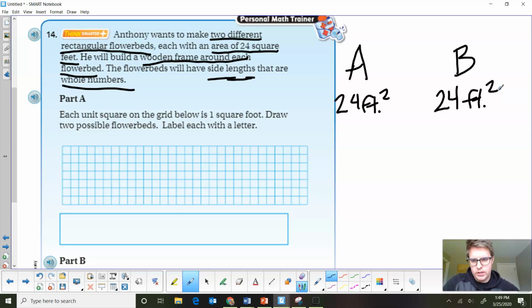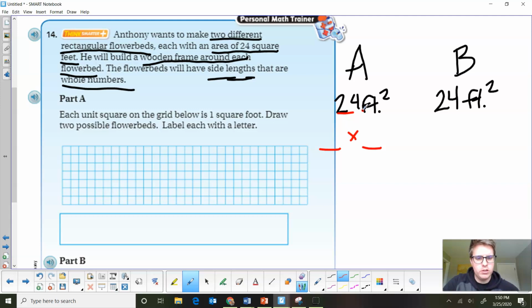We just know one thing, all right? That's the area. We don't know what the side lengths are, but we do know that they're going to look different. So they're probably going to have a different perimeter. So let's just think right off the top of our heads. For letter A, what two numbers do we know multiply to give us 24? So what times what gets 24?